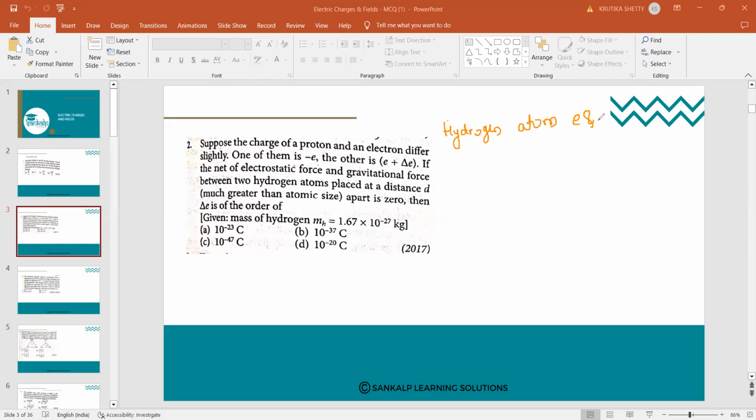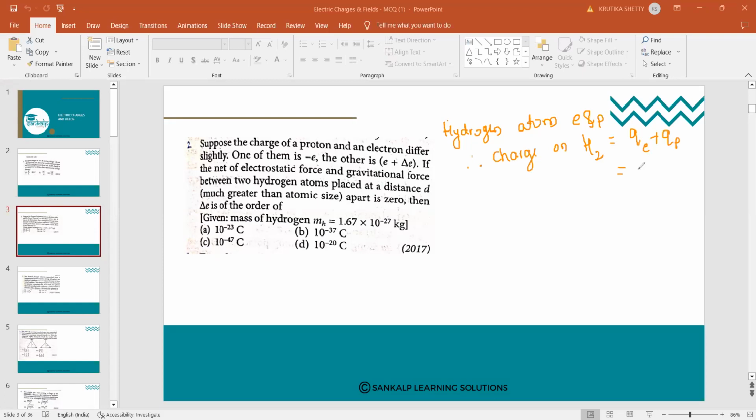So electron will be there and the proton is also there. Therefore, the charge on the hydrogen atom is given by charge of electron plus charge of proton. I hope you are understanding.